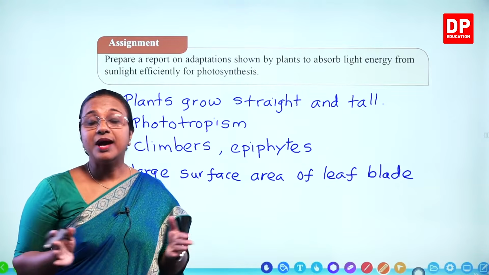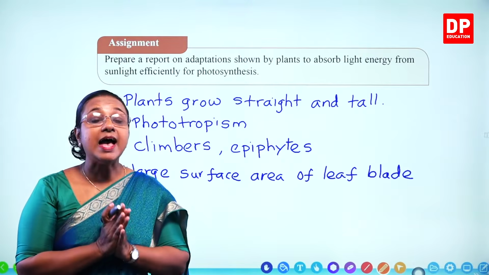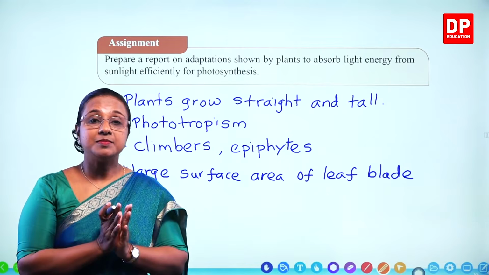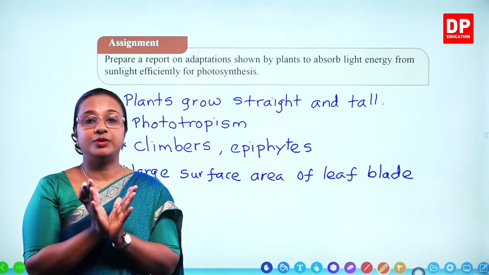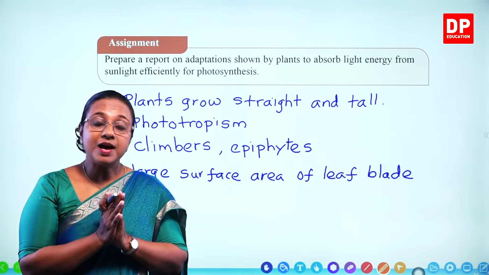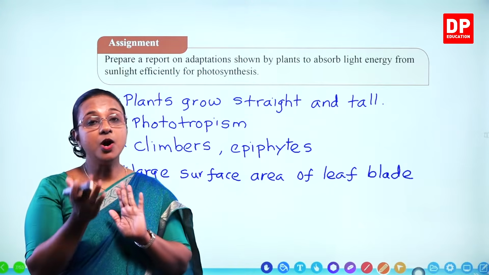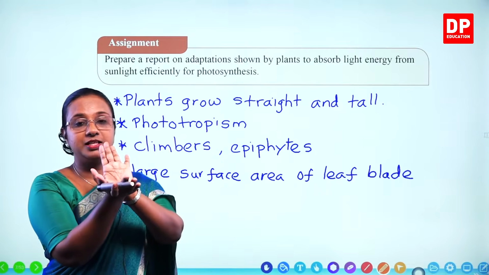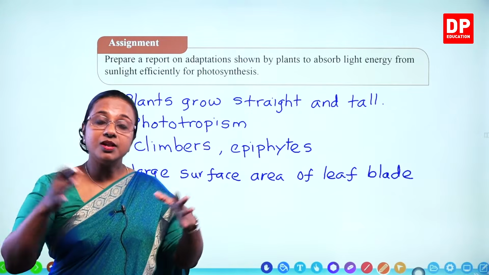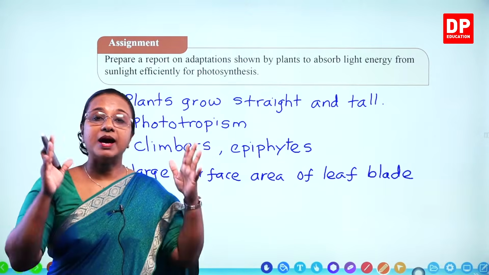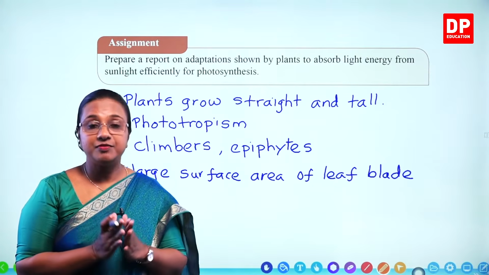And also you have seen different arrangements. Sometimes the leaves are opposite to each other. Some plants have leaves opposite and alternate. Two are like this, the other two are like that. So that all the sunlight can be absorbed by all the leaves efficiently.